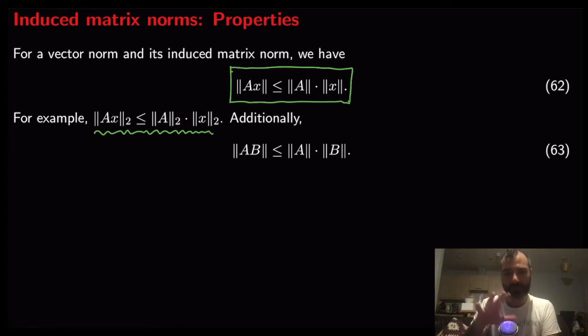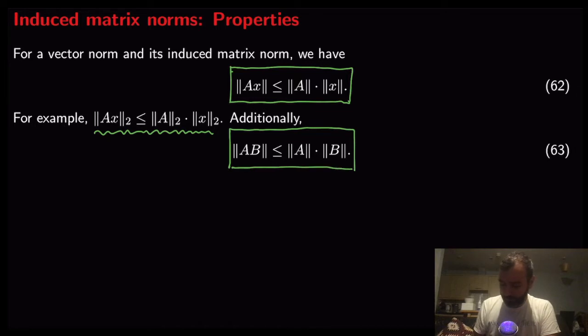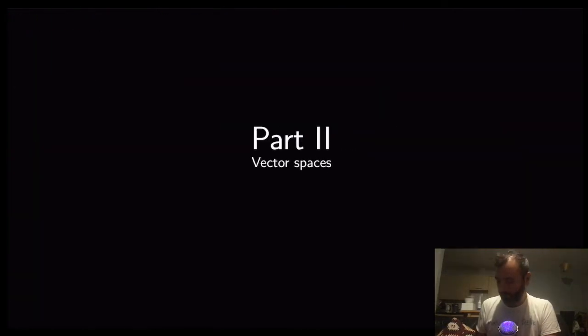You can't put any norm you like there, it must be a pair of a vector norm and the corresponding matrix norm, the corresponding induced norm. Moreover, you have this property. The norm of A times B is less than or equal to the norm of A times the norm of B.